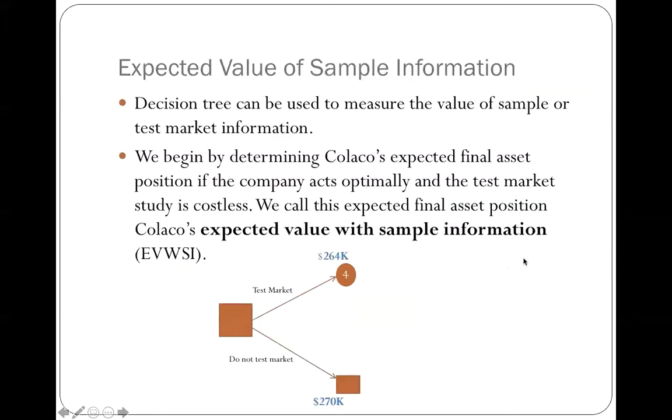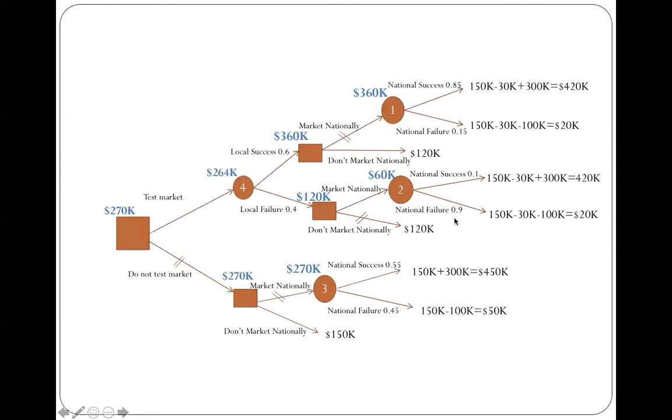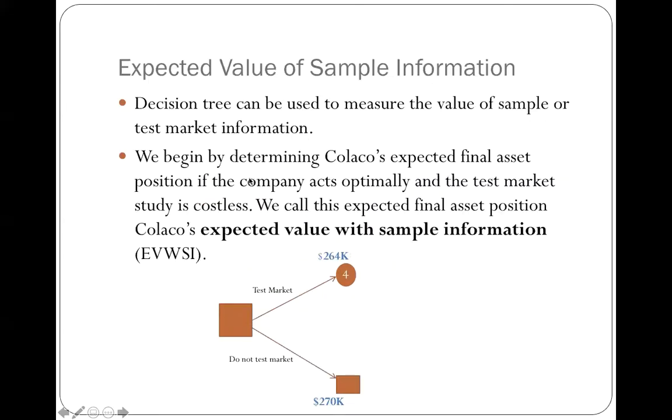Okay, in that scenario, the asset value, when we decide to test the market locally but we don't charge anything, basically is equivalent to having the initial value that we calculated, just add the 30K that we initially deducted for the local test back. Okay, in other words, if you do the decision tree again, calculate all the values, the value that you observe for this node will be 264 plus 30K, or in other words 294K.